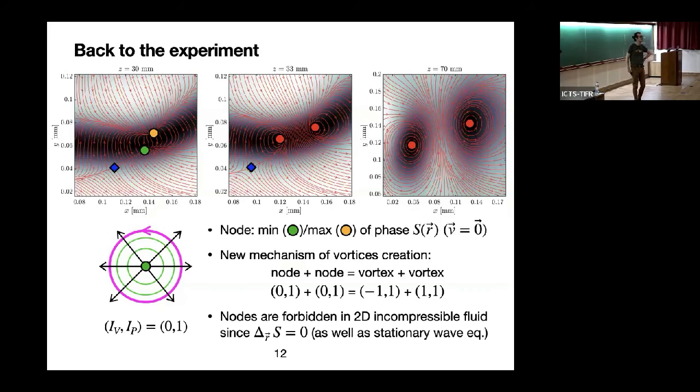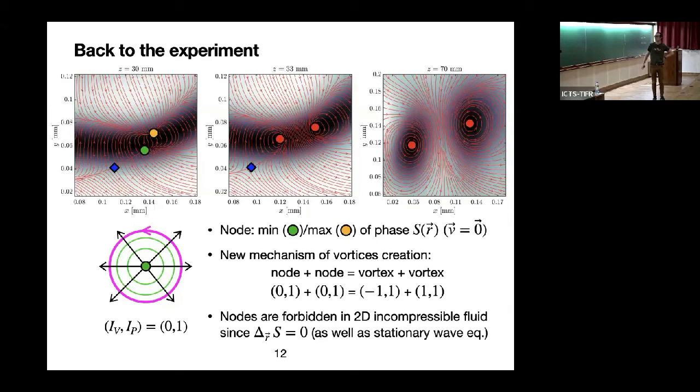But what is nice now is that from the point of view of the topological index here, we can have these two vortices alone. Why? Because here they don't carry any vorticity. So you go from 0 plus 0 equal minus 1 to 1. But they have a Poincaré index here.